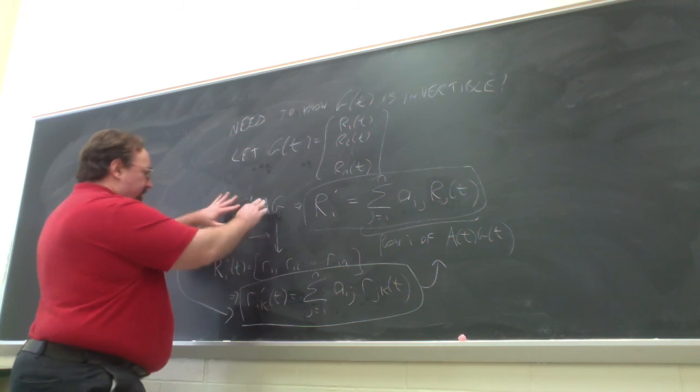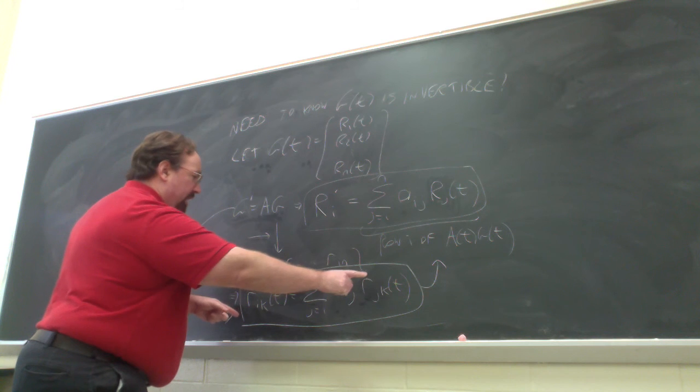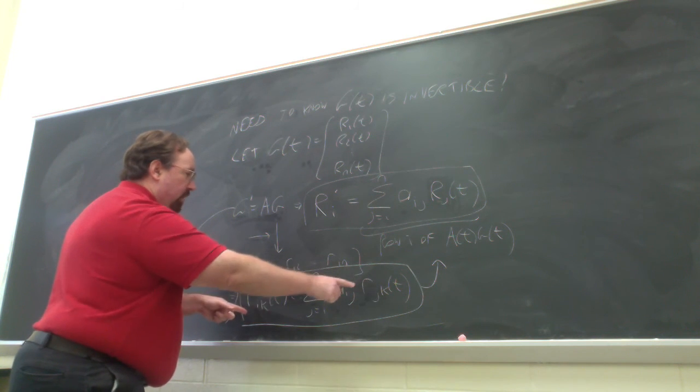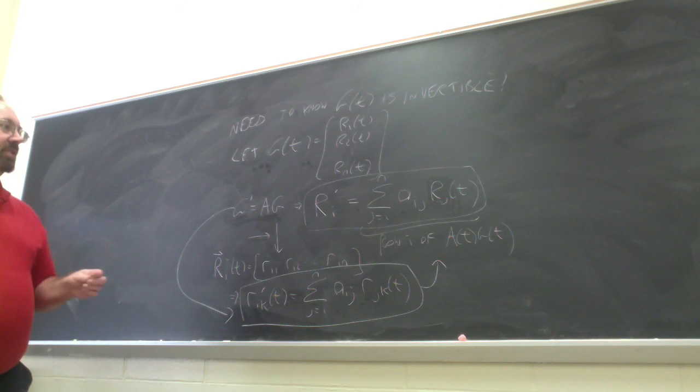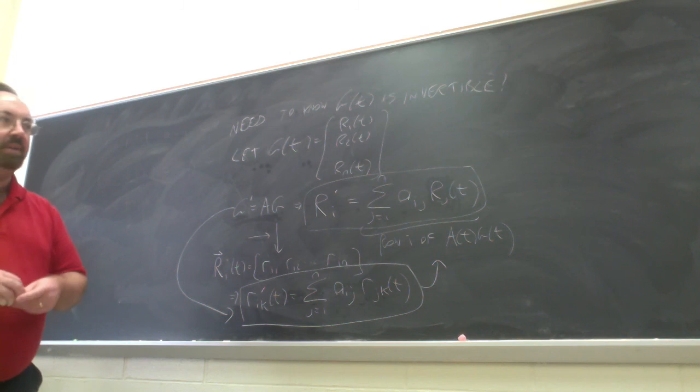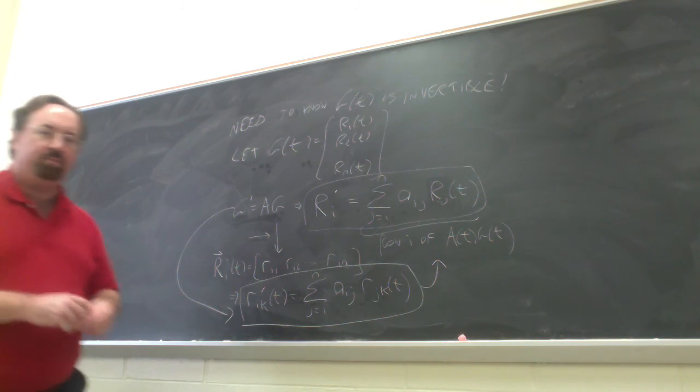So this comes directly to this, and then I look at all the entries across a single row, and that brings me to here. And I'm going to use this to look at how the determinant of G of t behaves. And now that I have this freshly erased board, I can take this back over here and try to get this right.